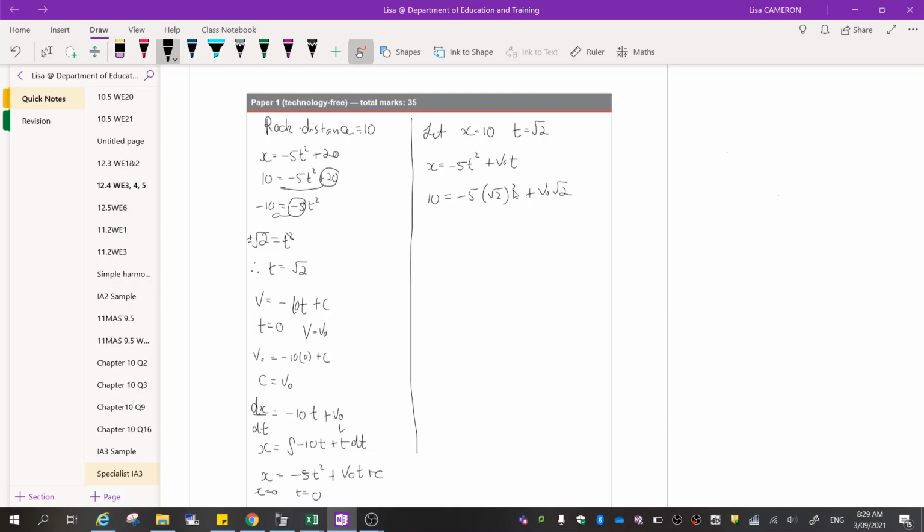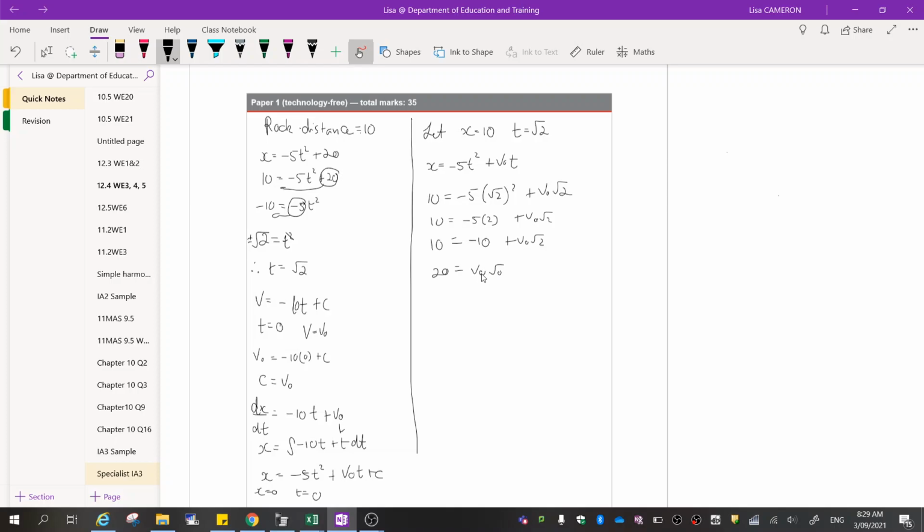First I'll multiply this: the square root of 2 times the square root of 2 makes just positive 2. This simplifies to negative 10. When I take that across, it becomes 20.